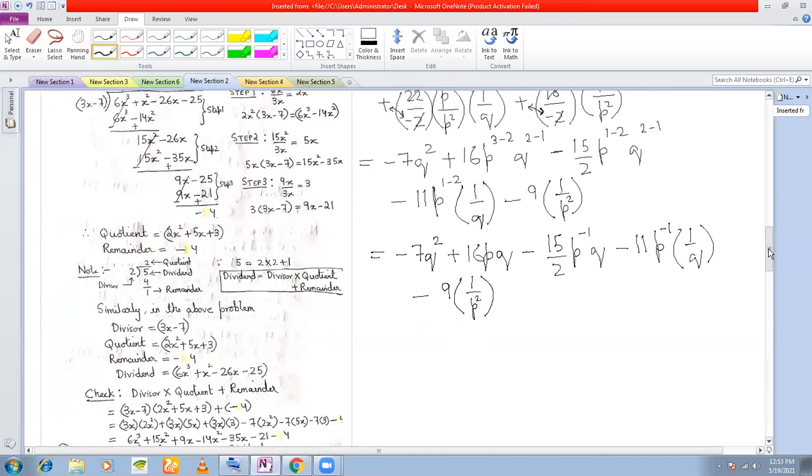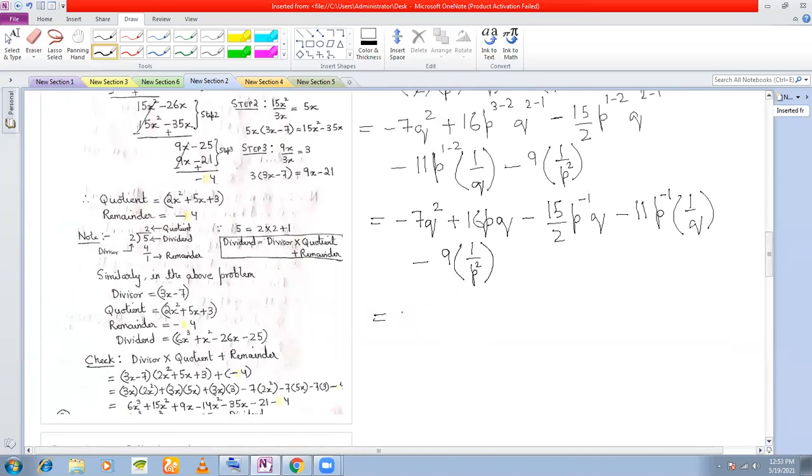Okay, now we'll convert all the negative powers to positive powers. So minus 7q² plus 16pq, you write as it is. Next, you see you have p to the power of minus 1. So you write p to the power of minus 1 as 1 by p. And this q will remain on top. Minus 11. Again, you have p to the power of minus 1. You write this as 1 by p. And 1 by q is already there.